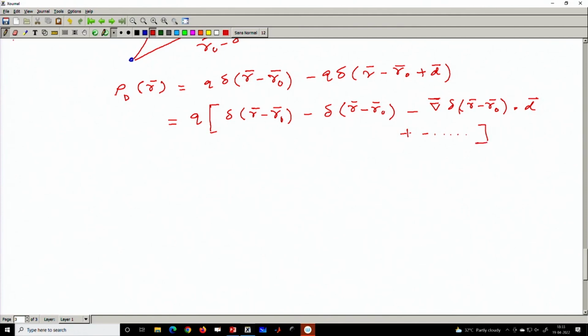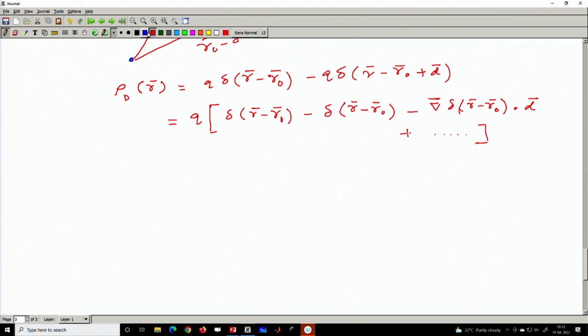This is a Taylor series and I could go infinitely, but I do not need the higher order terms because d is very small; the next terms will be d square, d cube, and so on. So that is sufficient.